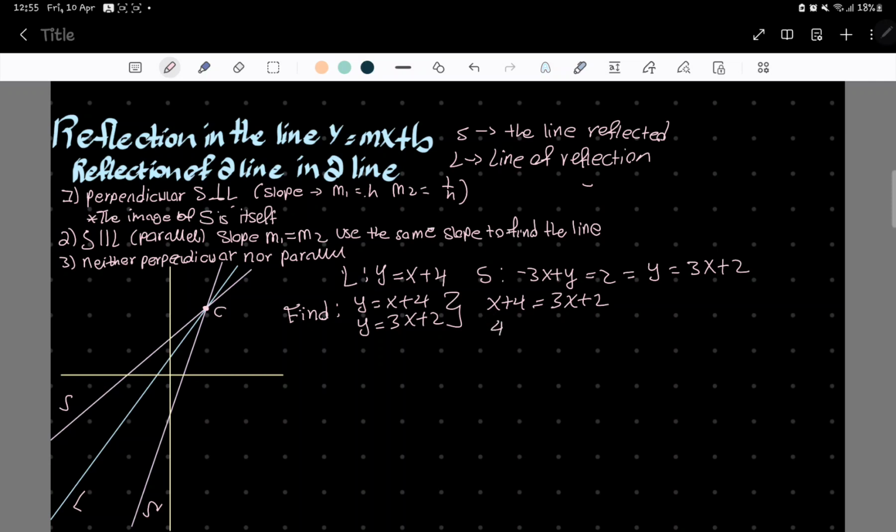Then 3x minus x is 2x, and 4 minus 2 is 2, so x equals 1. Then for y, we plug in 1 into one of these equations and get 5. So C is equal to 1, 5.